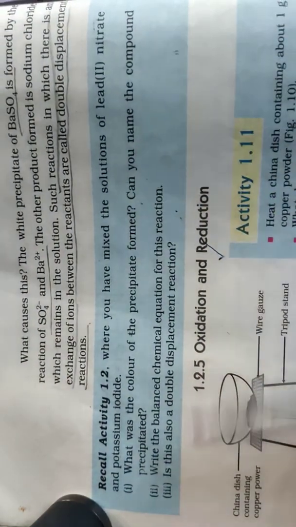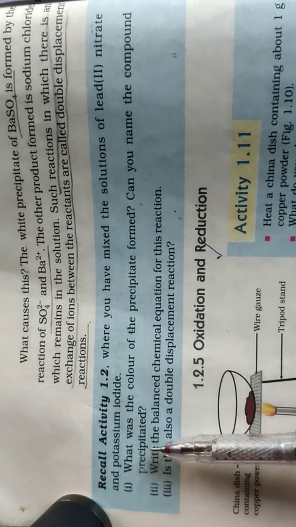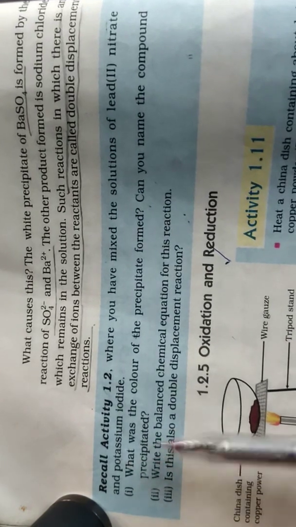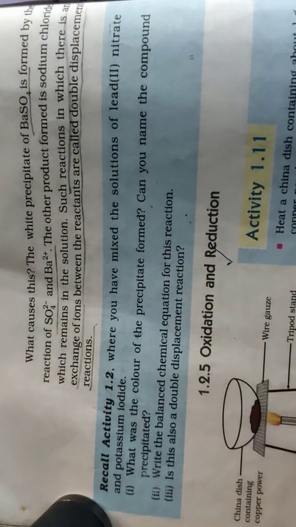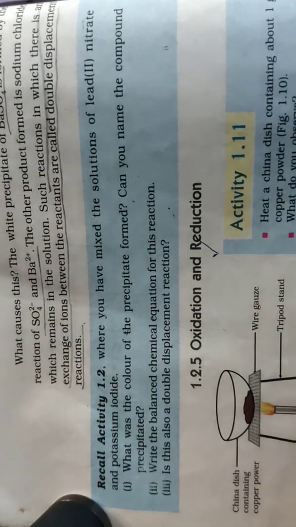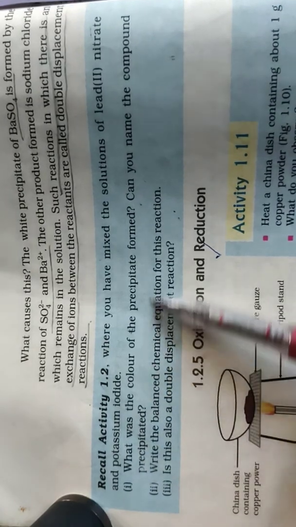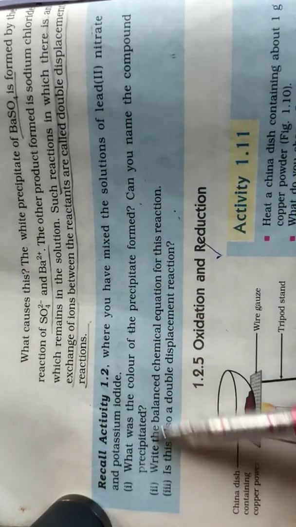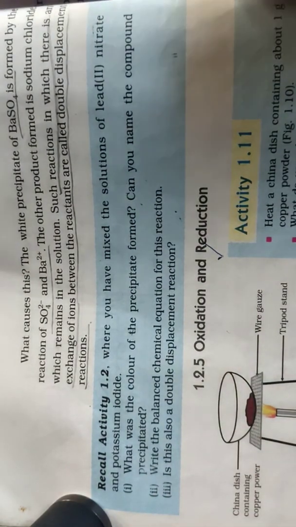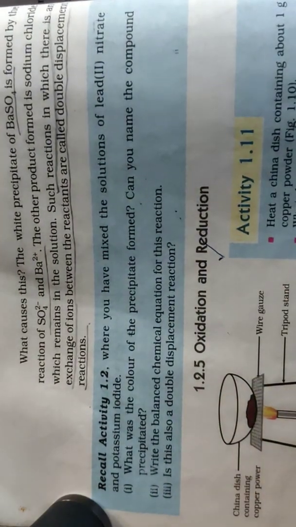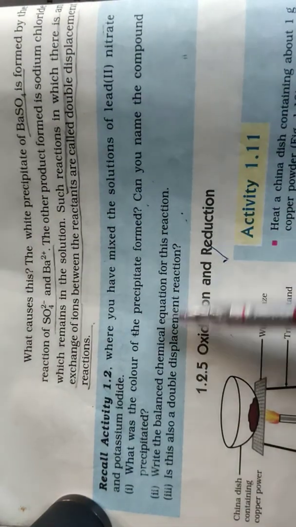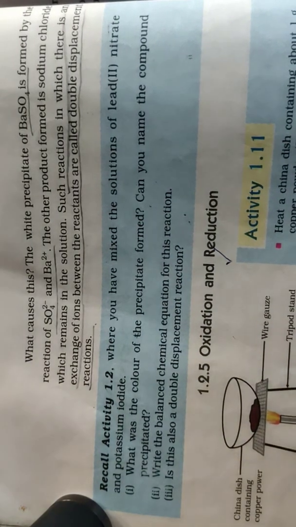So can you name the compound that precipitates? You are asked to name the precipitate. I have already told you that the product which will precipitate is the one which is insoluble. So insoluble products will precipitate. If you do not know about insoluble and soluble products, how can you tell about the precipitate?